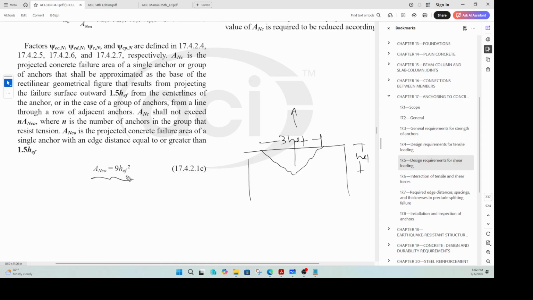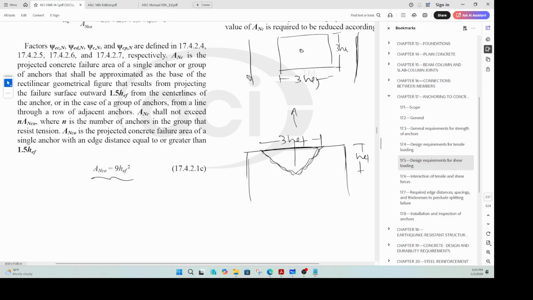Because we are talking about the area, this is the failure plane, but it has to be projected onto that edge. So if you look at it from the top, if this is your entire concrete surface and here is your anchor, you're talking about an area which is 3 HEF and 3 HEF in this direction.